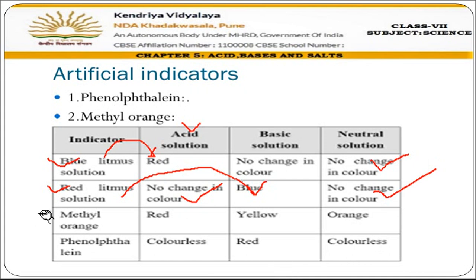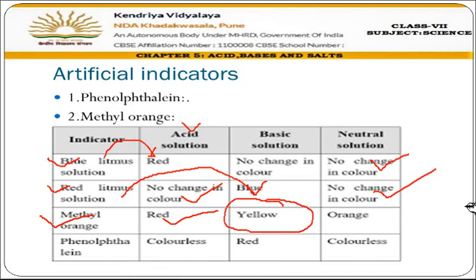Now let us see what happens with artificial indicators. The first one is methyl orange. If we add acid to methyl orange, it will turn red. If red color comes, that means the solution is acid. If methyl orange is added to a base, the color changes to yellow.